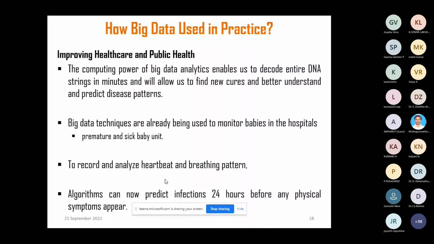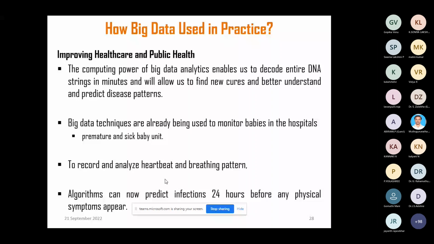Another, which is already being used in most developed countries, is monitoring babies in the hospital. If a particular baby is premature or sick, they record and analyze the heartbeat and breathing patterns with respect to that unit.